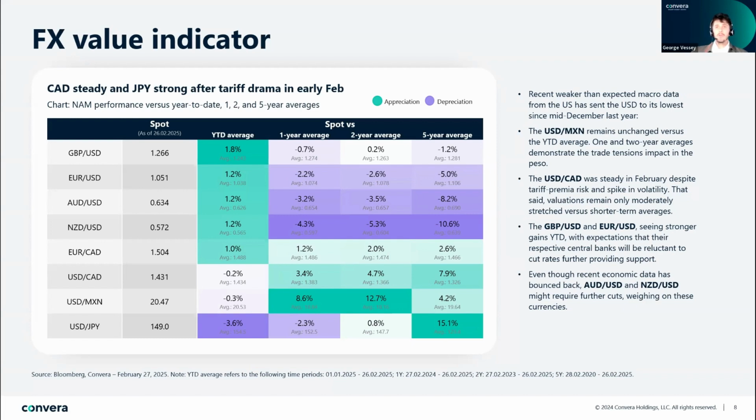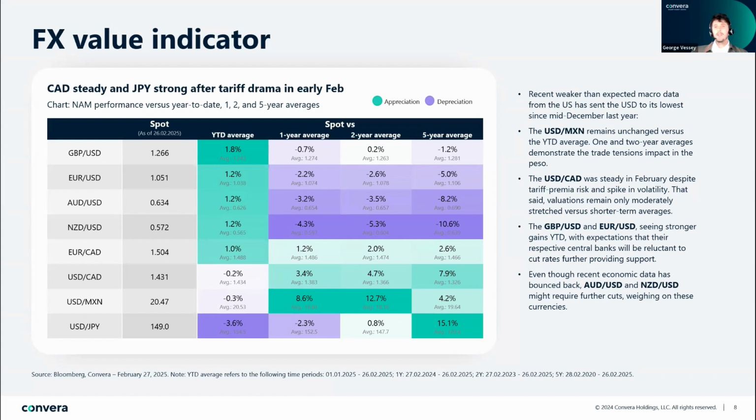The Aussie and the Kiwi dollars are a significant note in this respect. They're 8% and 10% lower than their 5-year averages, respectively. This is due to the weak Chinese economic outlook and tumbling commodity prices, denting economic growth prospects, but also the tariff fears due to these countries being greatly exposed to global trade.